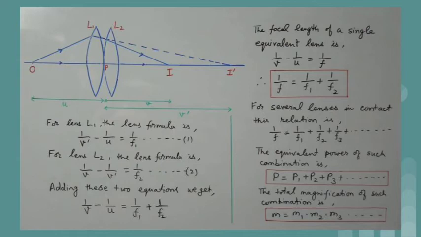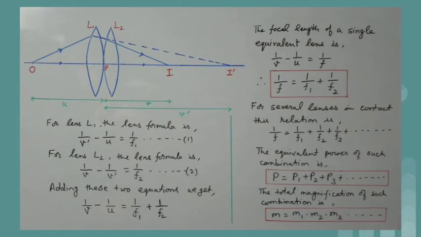Let two lenses L1 and L2 of focal length f1 and f2 be placed in contact with each other. The image of the object O is formed by the first lens L1 at I', which serves as virtual object for the second lens L2, which forms the final image at I.